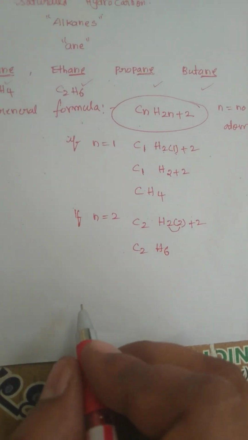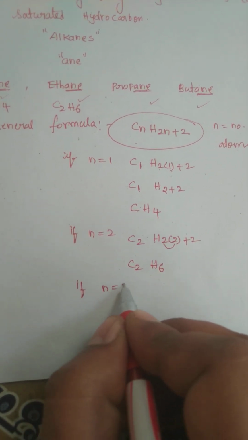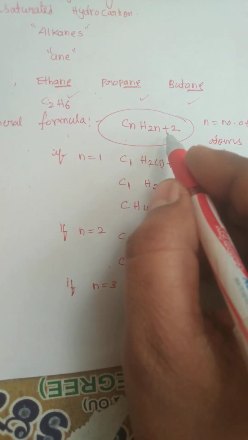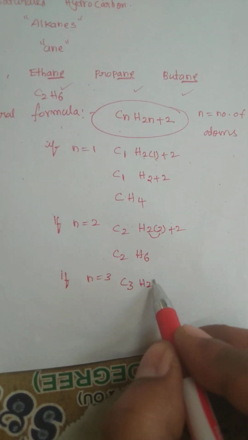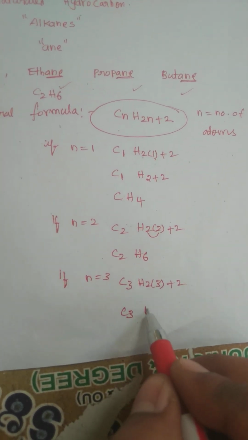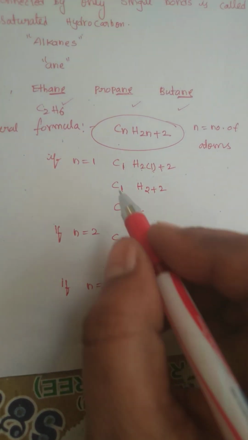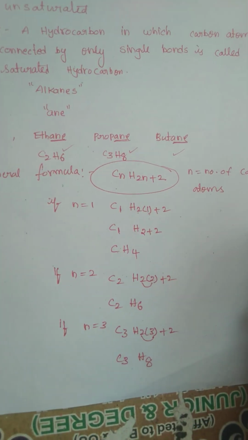Suppose n equals 3, then our general formula CnH2n+2 gives C3H(2 into 3 plus 2), C3H(6 plus 2), that is 8. So this is the formula of propane, C3H8.